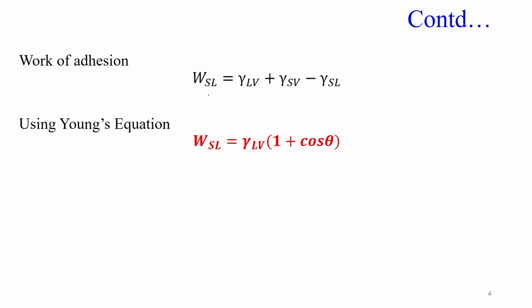Now, as I was telling, the work of adhesion is equal to gamma liquid vapor plus gamma solid vapor minus solid liquid interfacial tension. So, in place of gamma solid liquid, if you put in the Young's equation, so Young's equation was gamma liquid vapor cos theta is equal to gamma solid vapor minus gamma solid liquid.